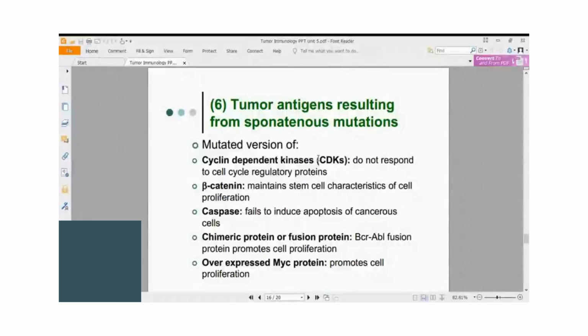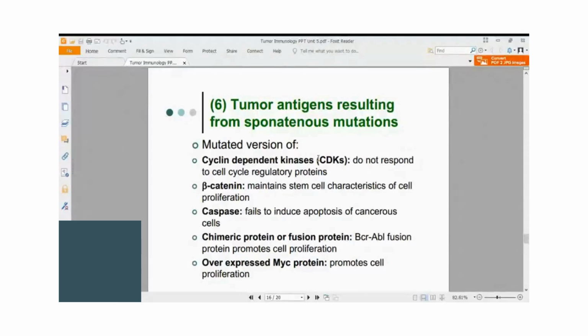Therefore, the mutated version of cyclin-dependent kinases will help the cells to undergo proliferation in an uncontrolled manner, and therefore tumor growth takes place. They will not respond to tumor suppressor proteins. That is one added advantage to the tumor cells.